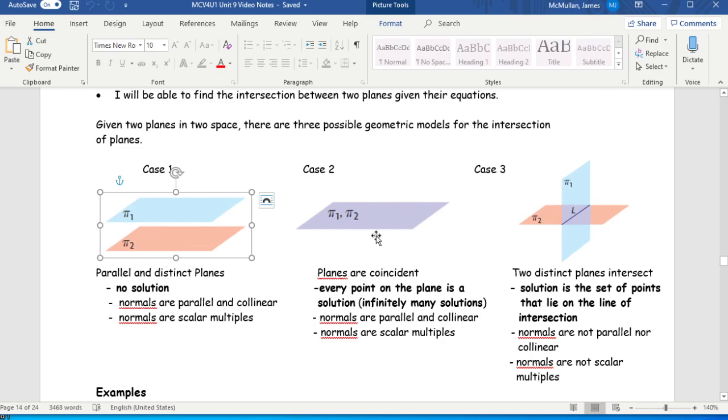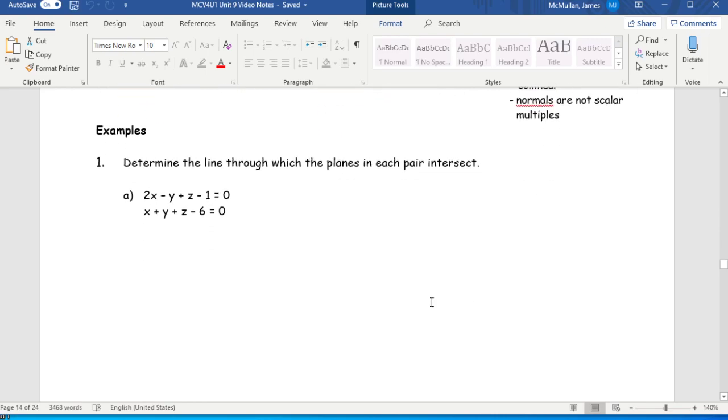So 2 planes in 3 space is a lot like 2 lines in 2 space. Parallel distinct, parallel coincident, or they meet in one place, and that place is either a point if you're talking about lines, or a line if you're talking about planes.